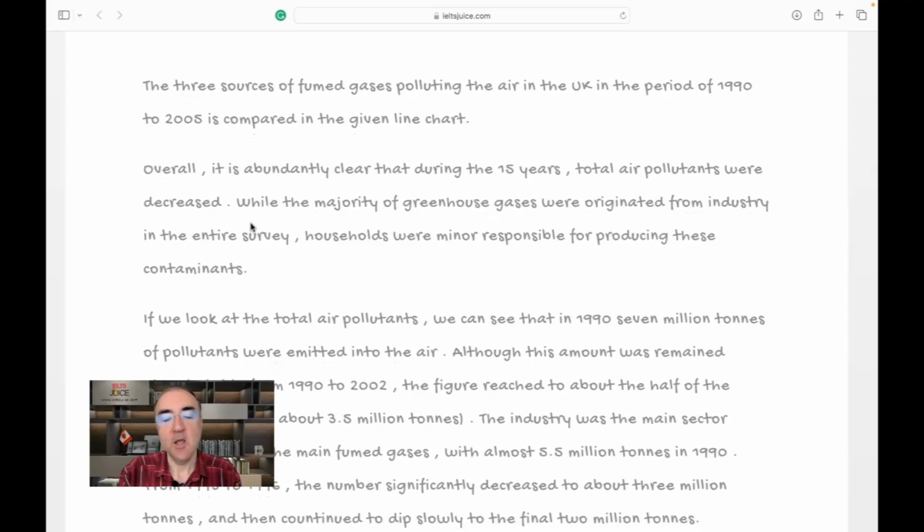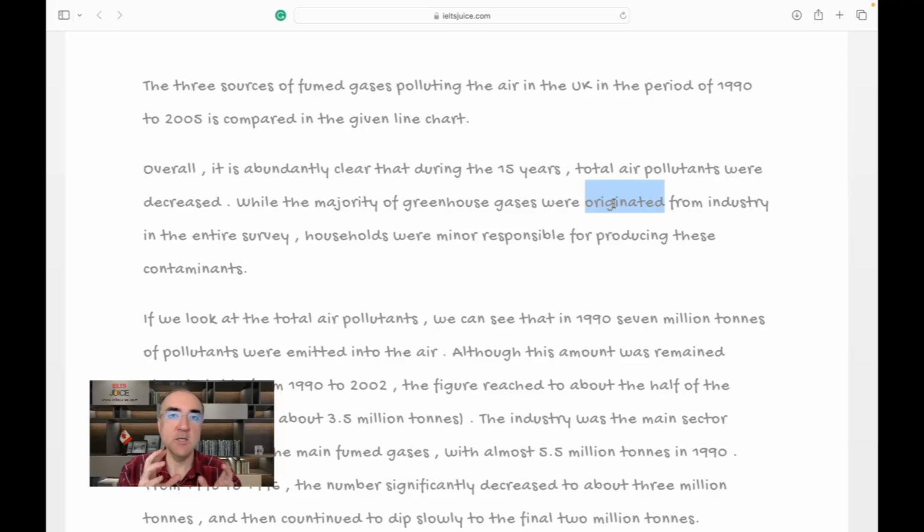Anyway, total air pollutants were decreased. Okay. While the majority of greenhouse gases were originated, okay, greenhouse gases originated from. Why, you may ask? Because originate is an intransitive verb when we want to say that it comes from the origin.